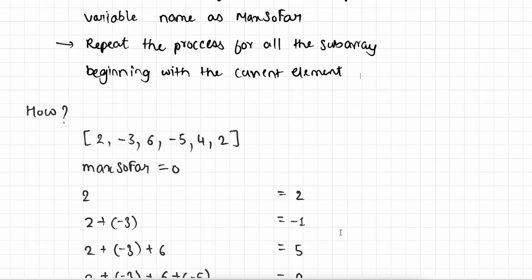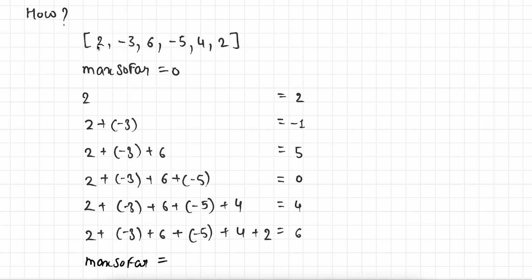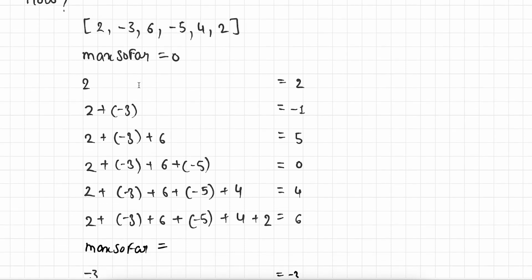Now let's see how we are going to do it. We have an array like this: 2, -3, 6, -5, 4 and 2. First we consider the first element and find all the subarrays beginning with 2. The sums of all these subarrays are 2, -1, 5, 0, 4, 6. As we are traversing, we update the maximum so far variable.